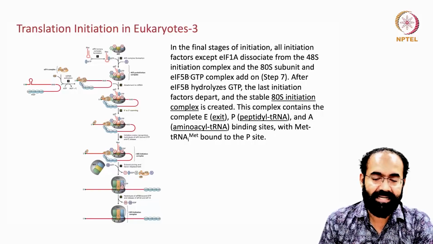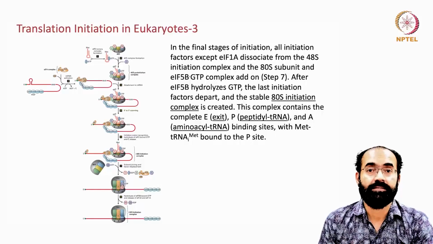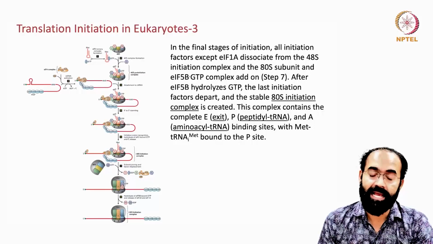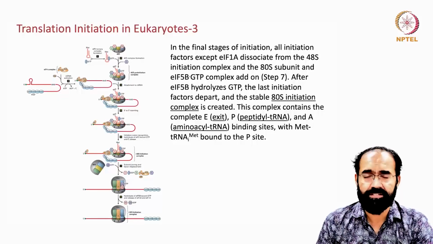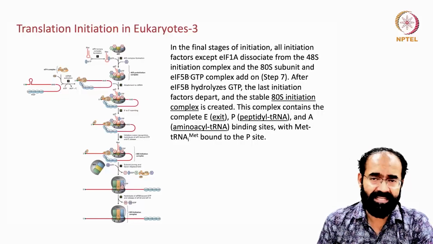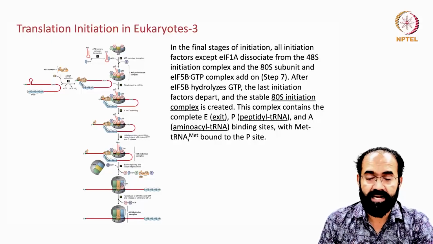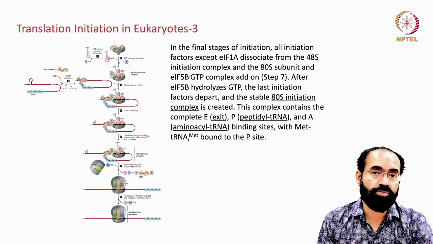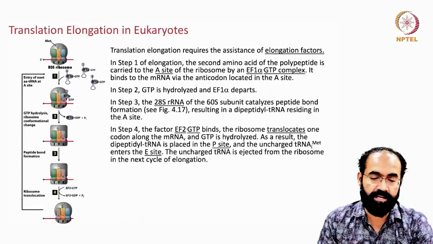And this complex contains the E site, that is the exit site, the peptidyl tRNA P site and the A site, the aminoacyl tRNA site. The A site is called the acceptor site, where the fresh aminoacyl tRNA comes. The P site is the peptidyl bond forming site, the E site is the exit site, and so this will continue in a sequential manner which I described.